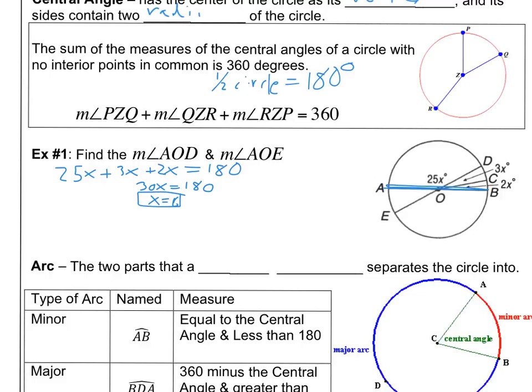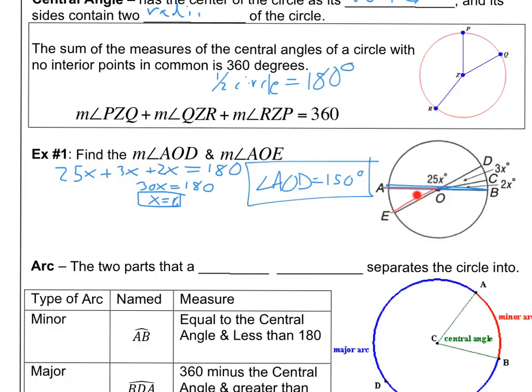Now that is going to be extremely helpful for answering these questions because AOD is 25 times 6. So 25 times 6 is 150, so we could say that AOD is 150 degrees. What about AOE? AOE is this thing.